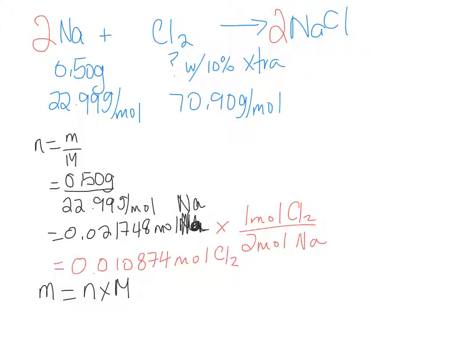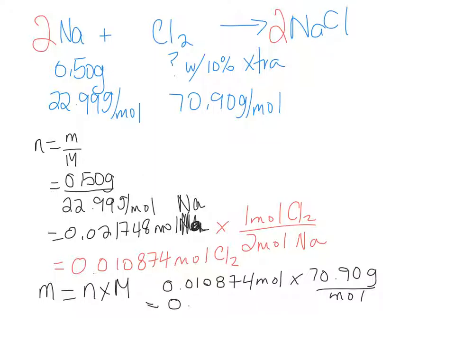So if I take 0.010874 moles of chlorine, multiply it by the molar mass of chlorine, we get 0.770967 grams of chlorine.